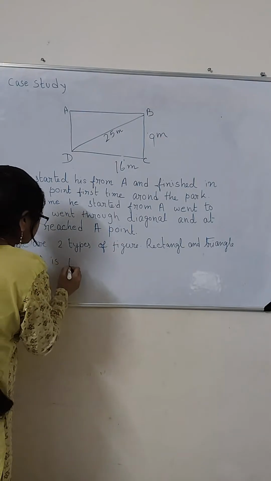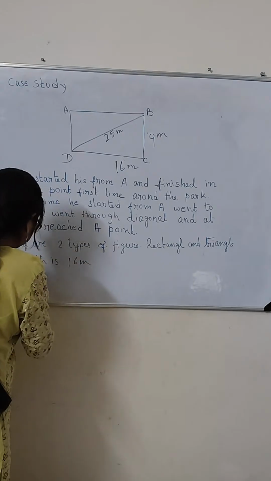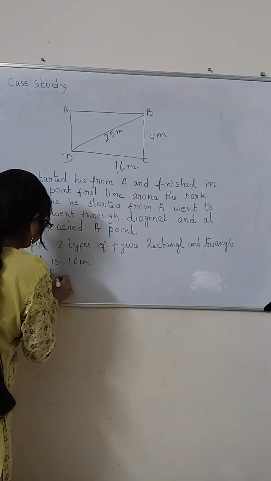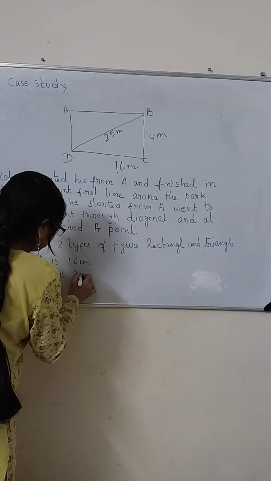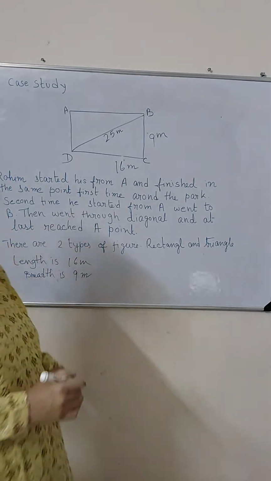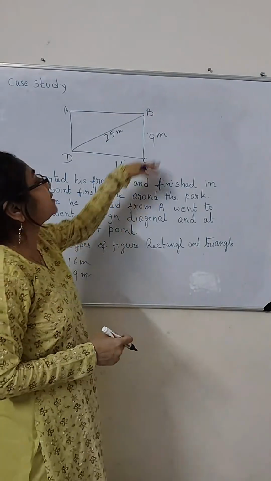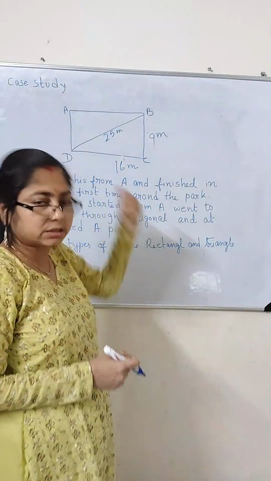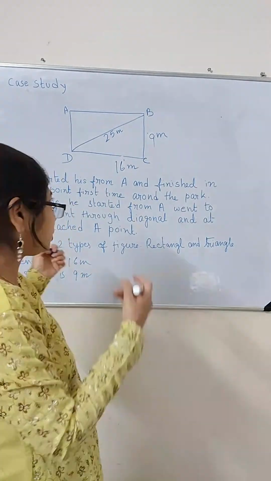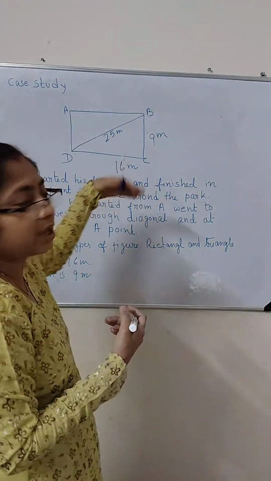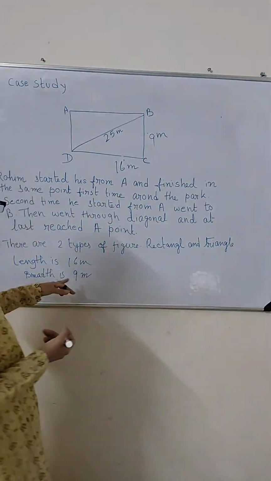Length is 16 meter. Breadth is 9 meter. Clear? If it is 16 and 9, it is also okay. But for your ease, I shifted the numbers. 16 and 9 meter.